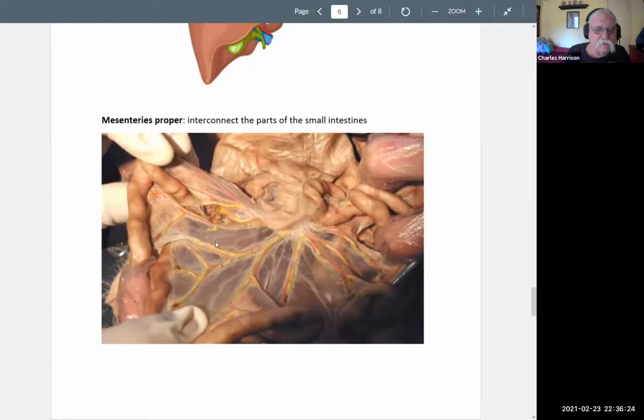This is the mesenteries proper. Over the parts of the small intestine, there's a membrane too. You can't see it here, but that would be the visceral peritoneum. And the parietal peritoneum would be on the body wall, and that doesn't show in this diagram at all.